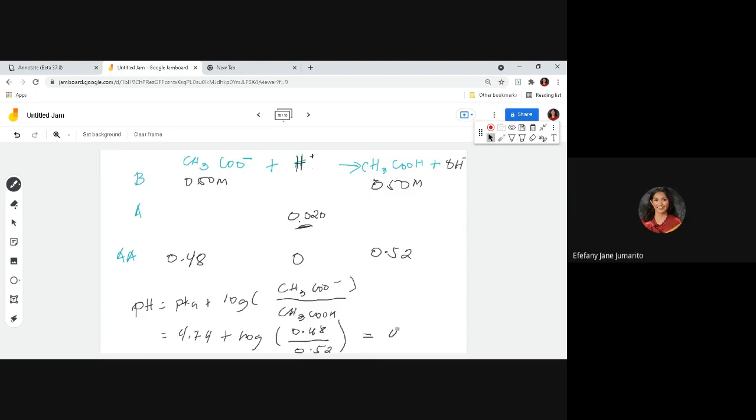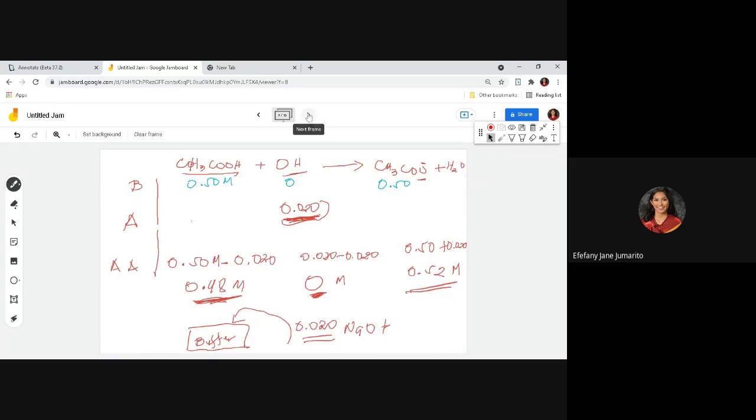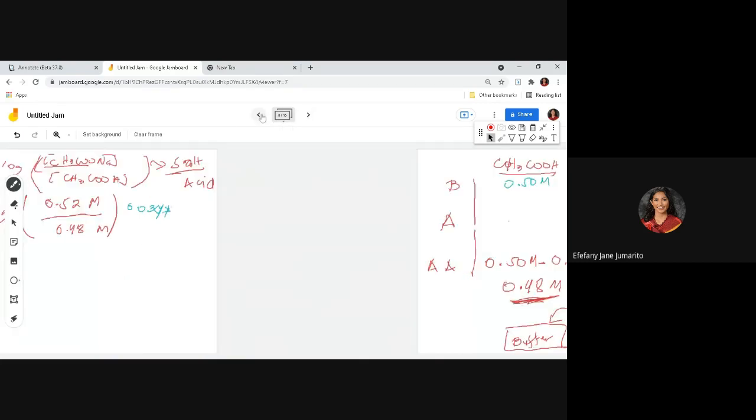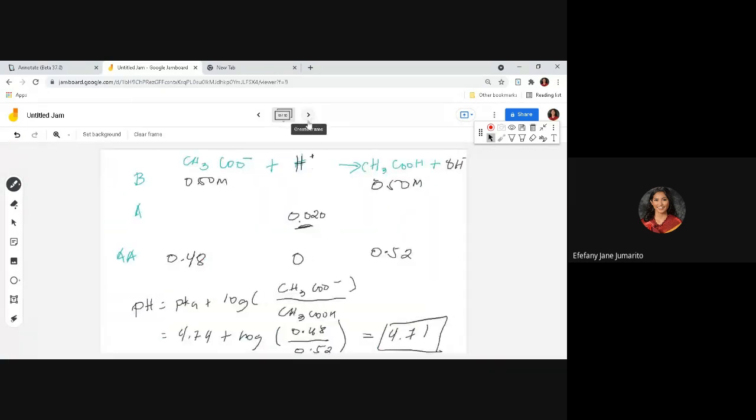So we can check that compared to the pH of 4.74, it is smaller, because we are adding acid. The more acid, the lower the pH, the more acidic.